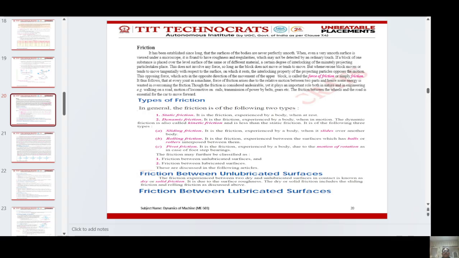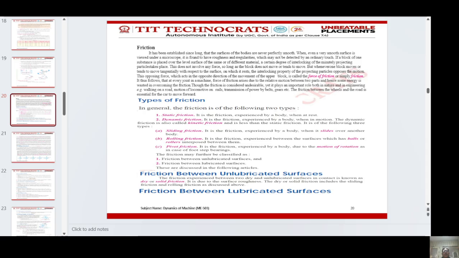It has been established since long that surfaces of bodies are never perfectly smooth. Even a very smooth surface, when viewed under a microscope, is found to have roughness and irregularities which may not be detected by any ordinary touch.